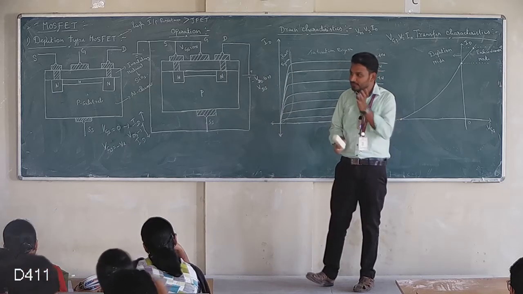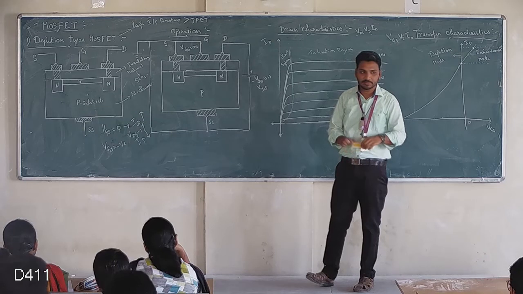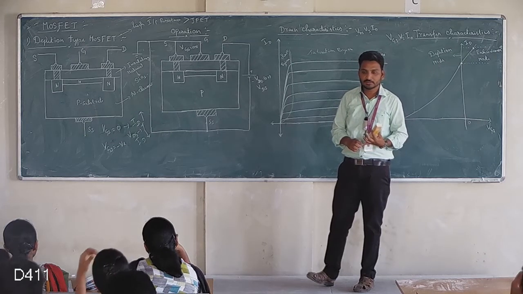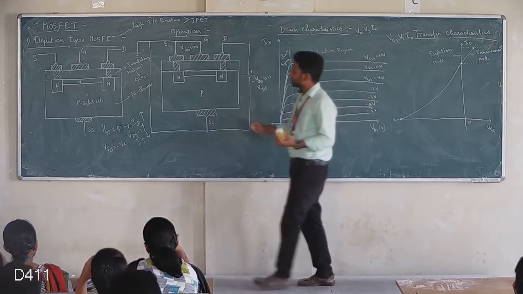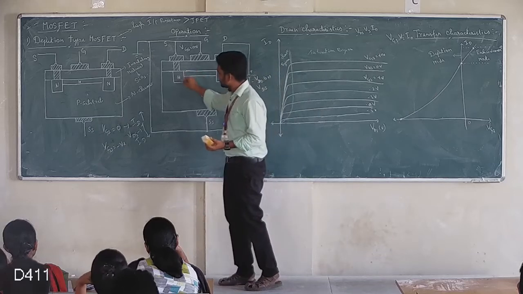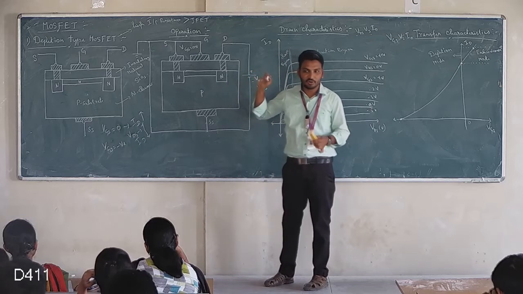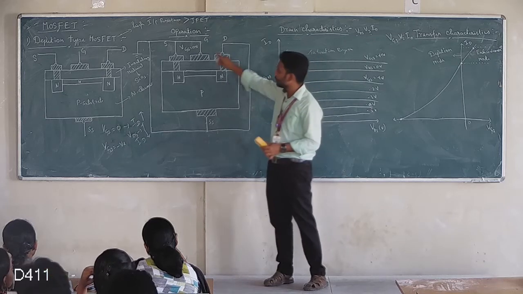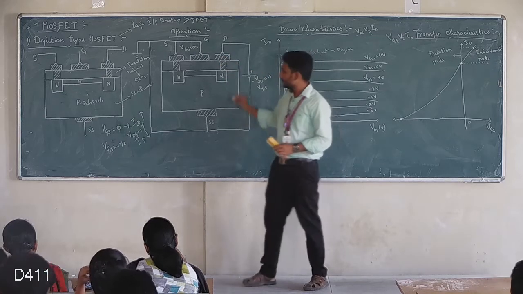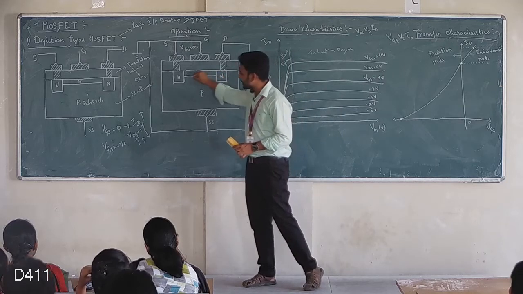VGS equal to 0 means what type of bias, forward or reverse? VGS is the controlling voltage which controls the flow of drain current. I am going to apply VGS equal to 0, so there is no problem for this channel.